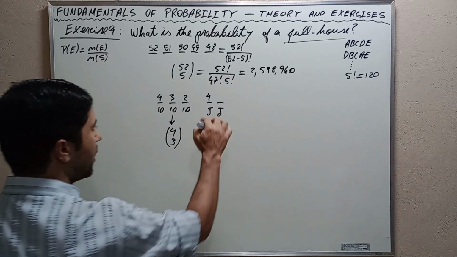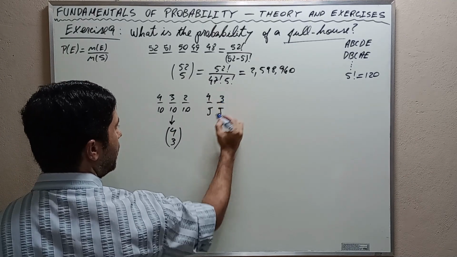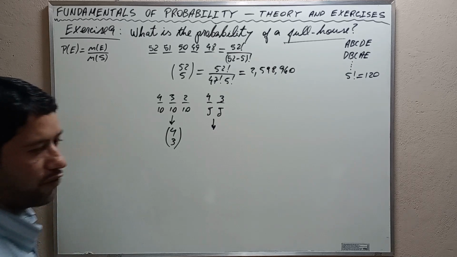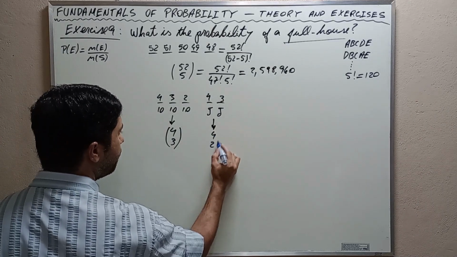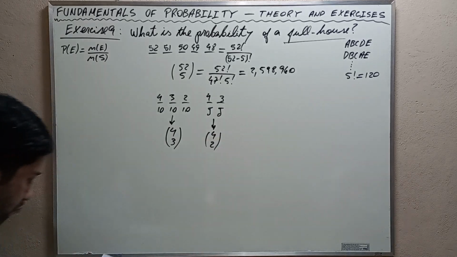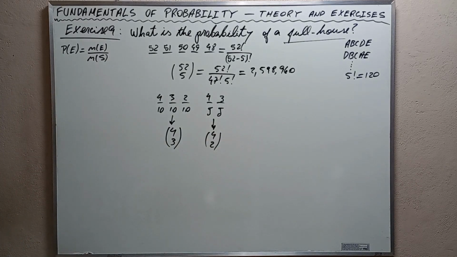And here I'm going to have 4 and 3, and this, if I remove the repetitions, will be 4 suits for 2 cards, okay? This is what I wanted you to understand.